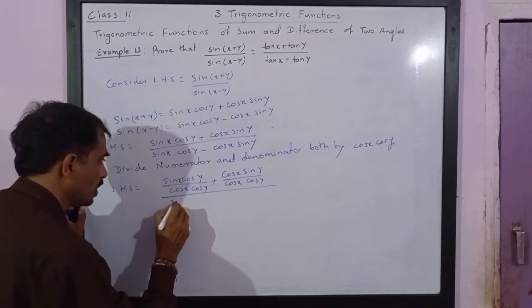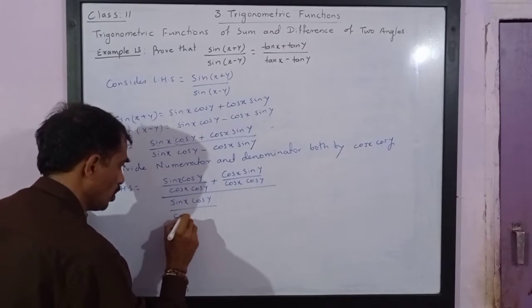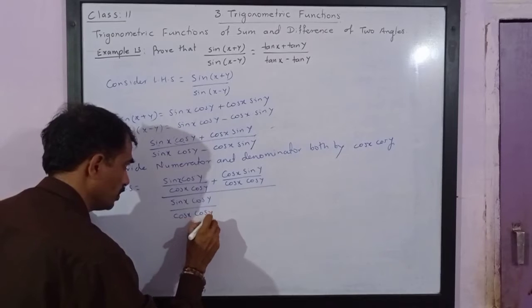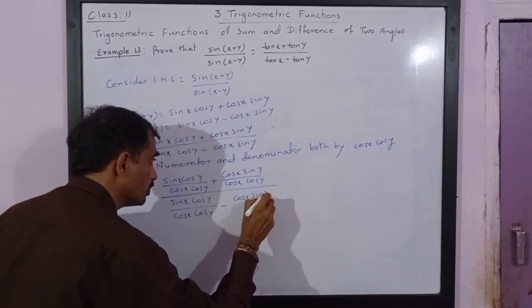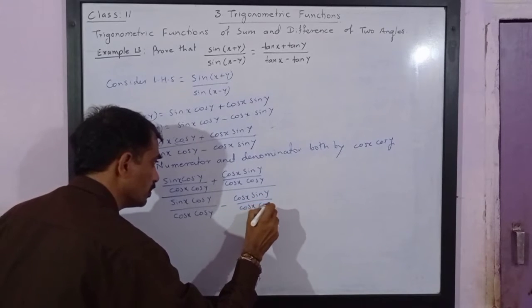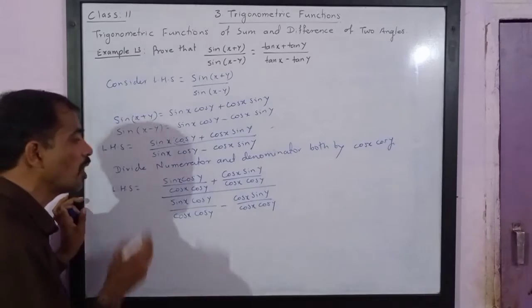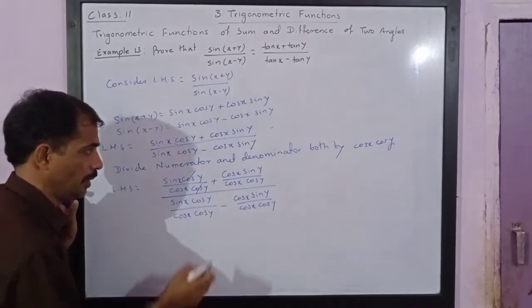The denominator is sin x cos y upon cos x cos y minus cos x sin y upon cos x cos y. So see what terms are getting eliminated. Cos y divided by cos y will get eliminated.